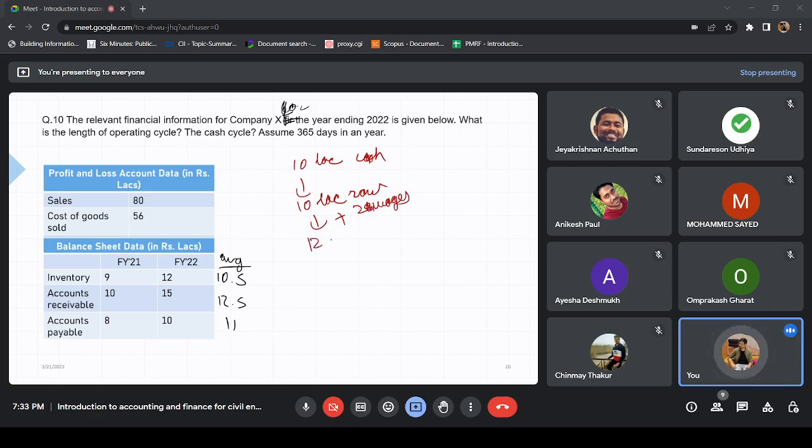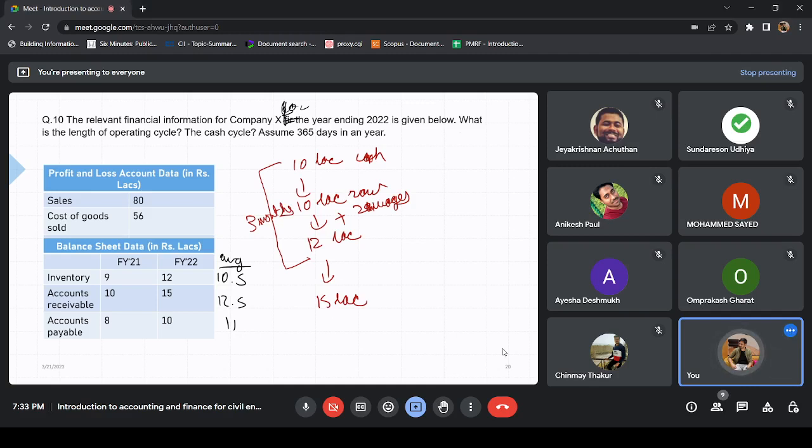So 12 lakh was your final cost, right? You sold it for 15 lakh. Now let's suppose that from buying to selling, it took you 3 months. So again from 15 lakh you will start the same cycle.